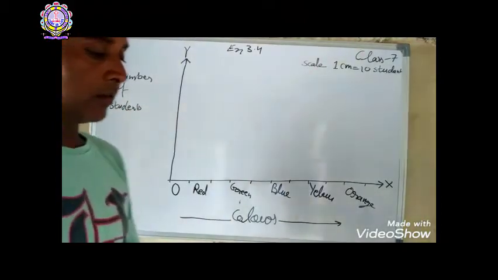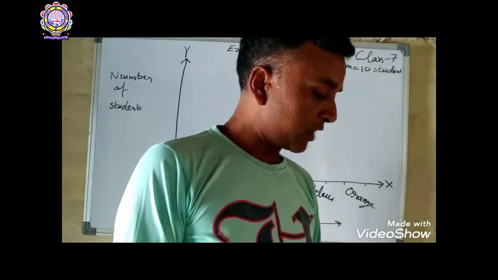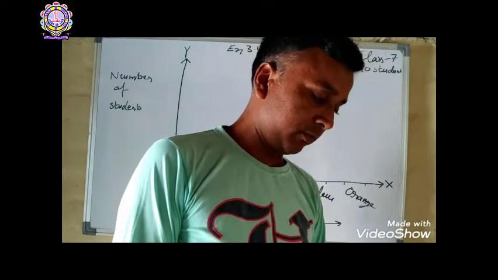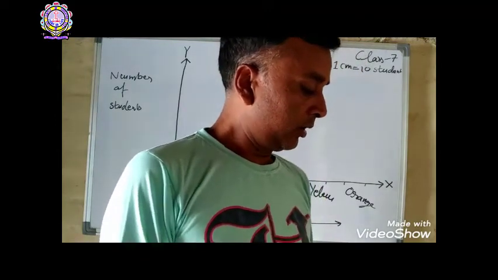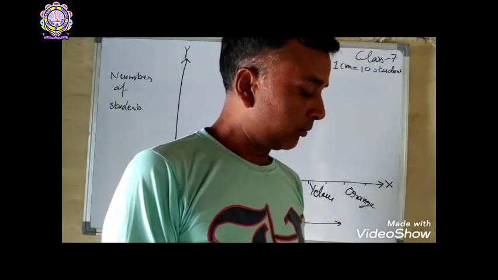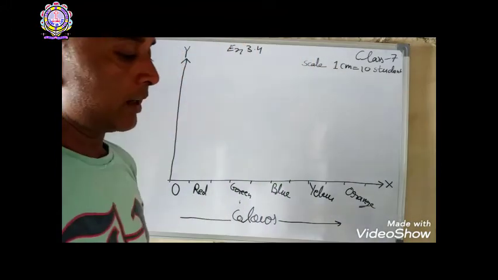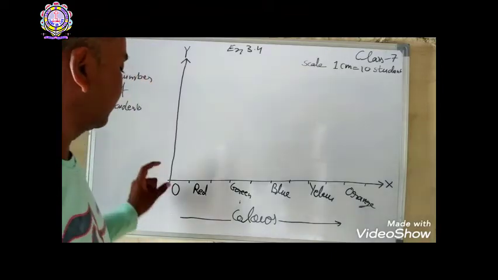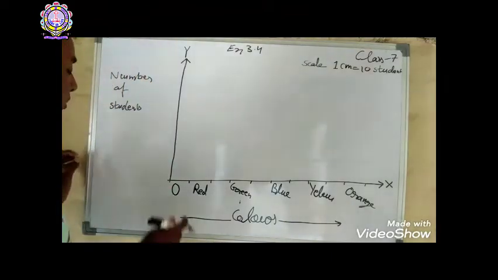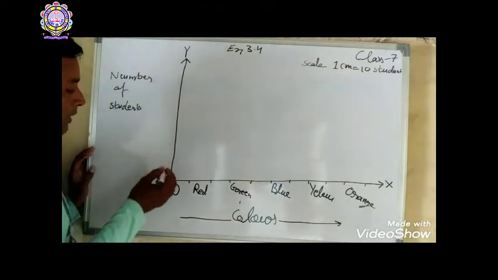So observe here which color the maximum students like, that is 55, and which color the minimum students like, that is 19. So we start the observation here and make the table.